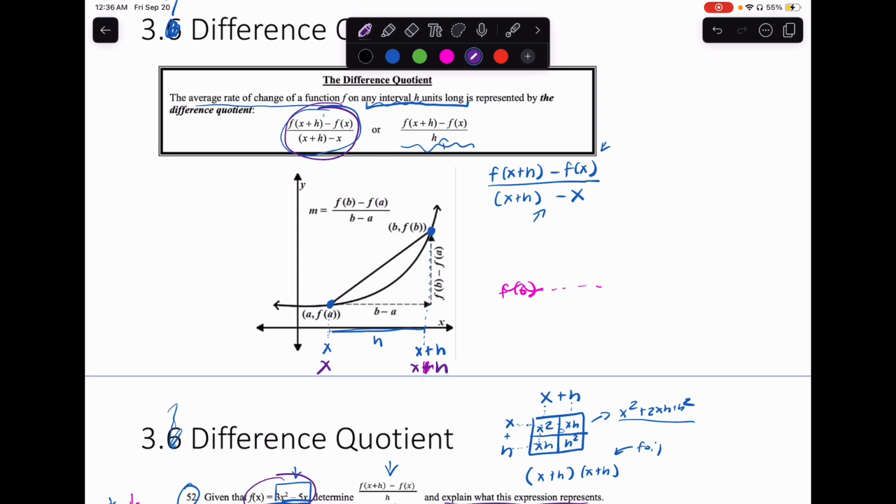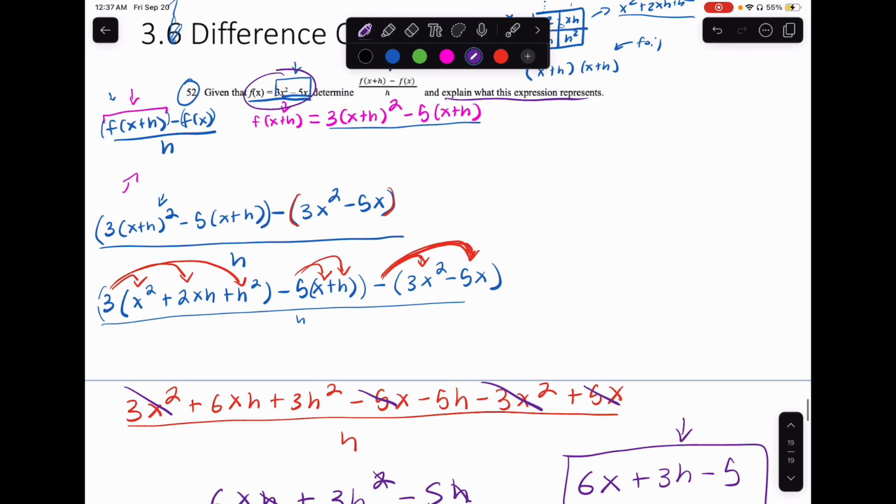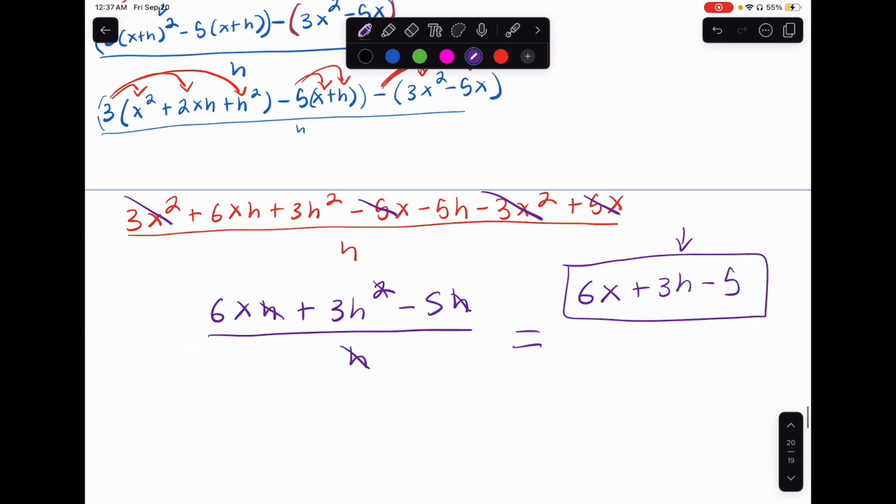Remember, if it was real numbers, we usually would say it's from 2 to 6. But here it's not. We're saying the interval from x to x plus h, with some value of h that we don't know. So it's over the interval from x to x plus h.